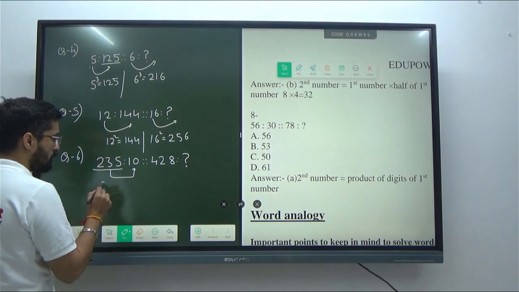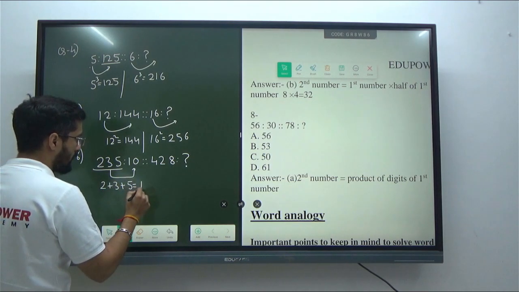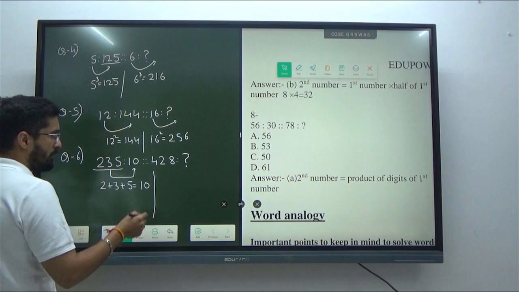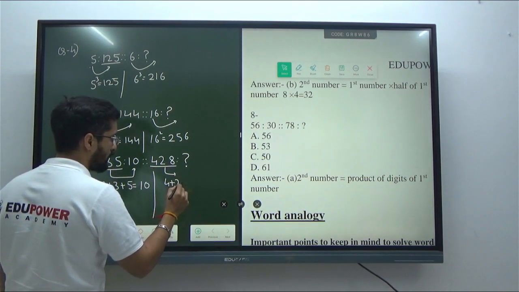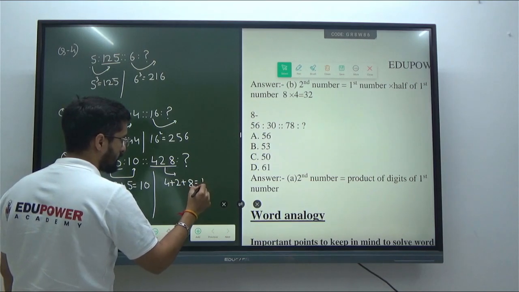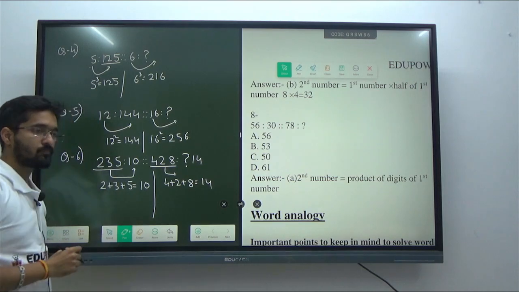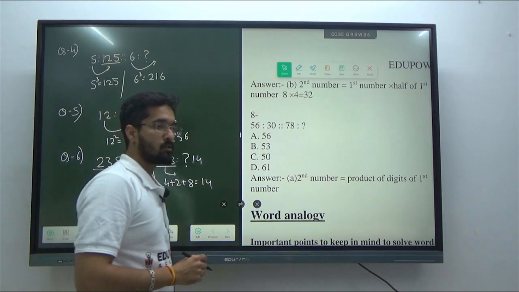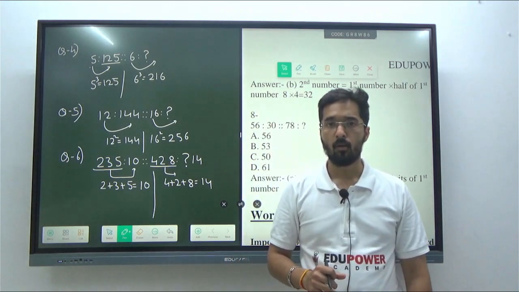The digit sum 2 plus 3 plus 5 is equal to 10. Likewise, here also we should take the digit sum. So here the digit sum is 4 plus 2 plus 8, that is nothing but 14. So the answer is 14, because what we are doing here is we are taking the digit sum.